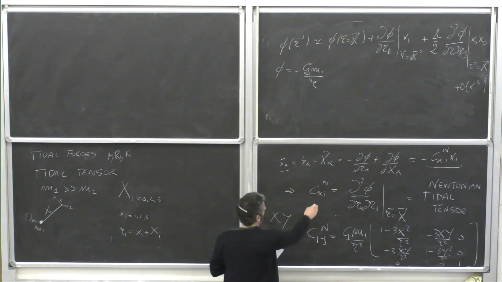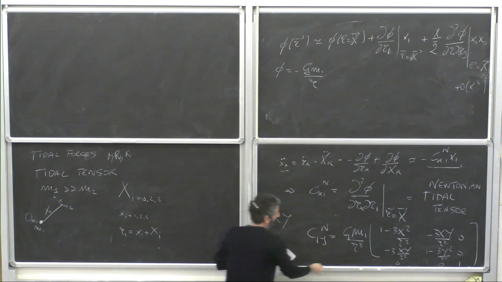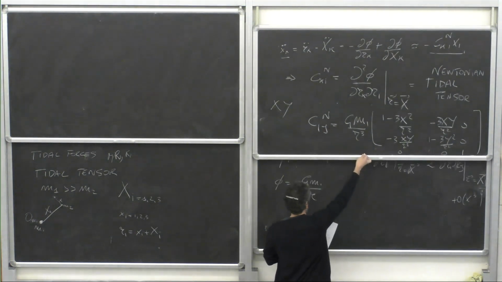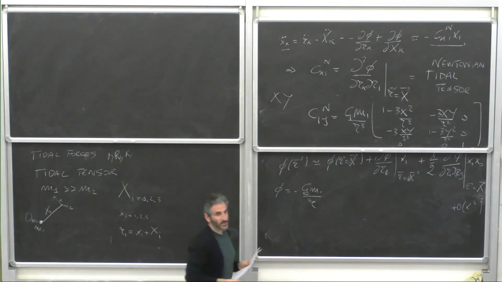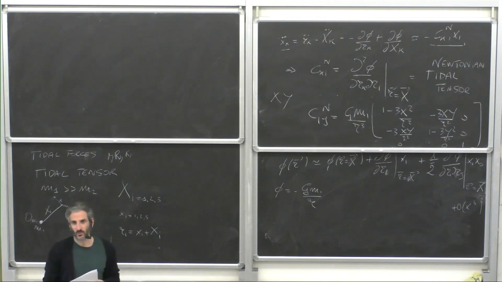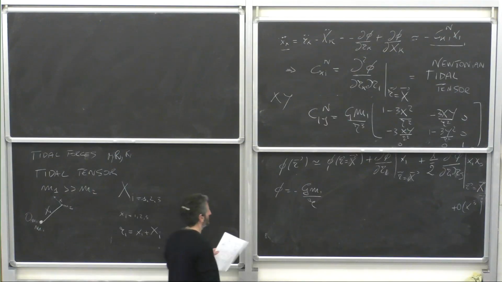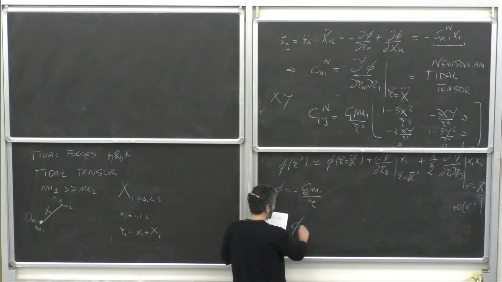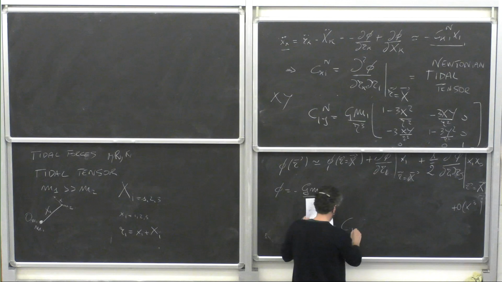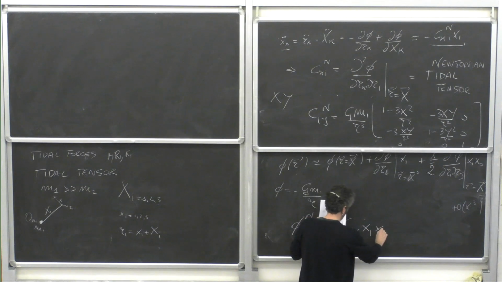If you plug these inside our expression there, with x, y, z Cartesian coordinates and your system on the x, y plane, you can define a Newtonian tidal potential.